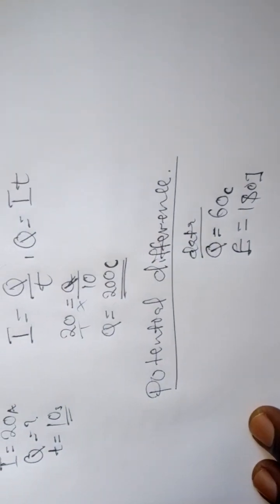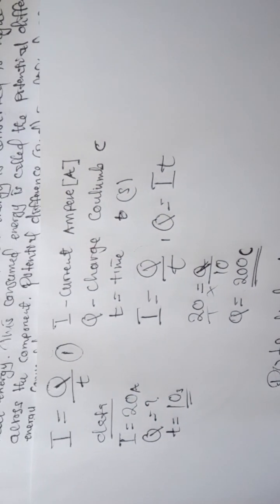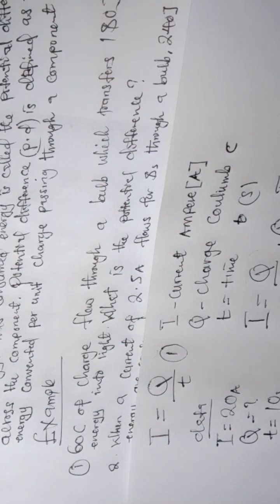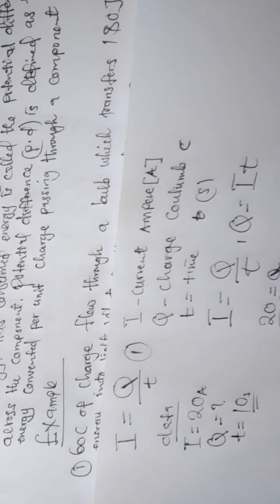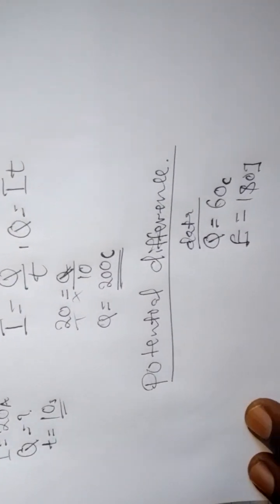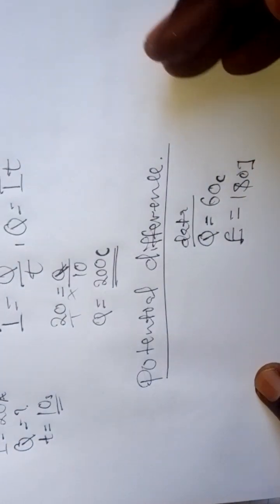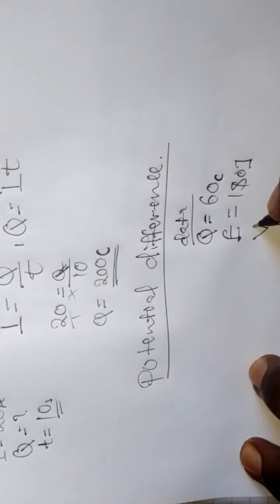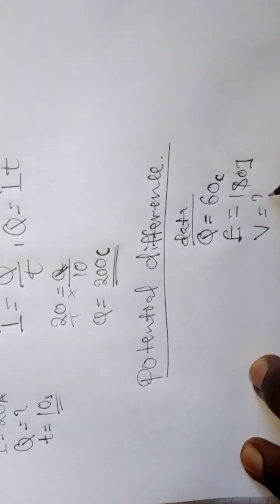That's the energy. Then what else do we have in our question? Then they're saying what is the potential difference? The potential difference, we said that is the same as voltage, which we don't know.